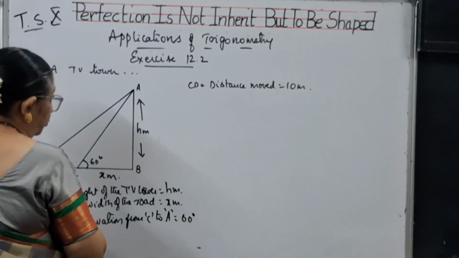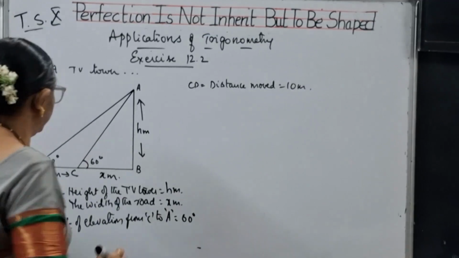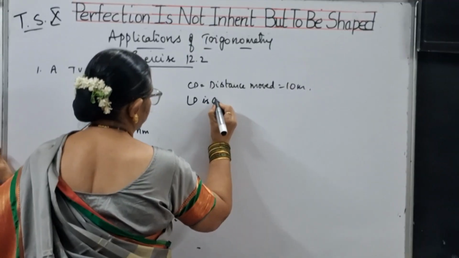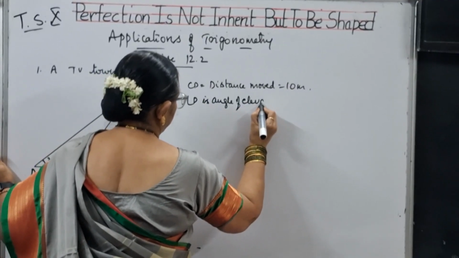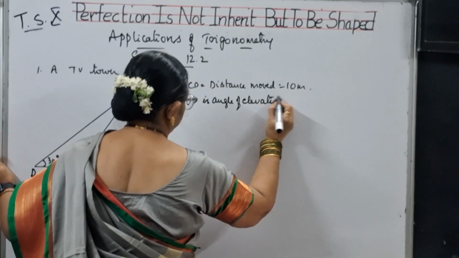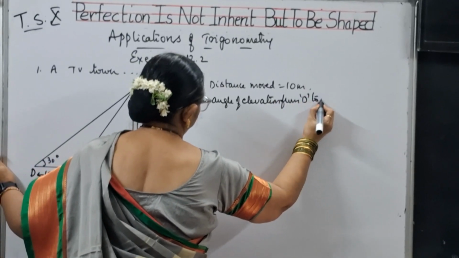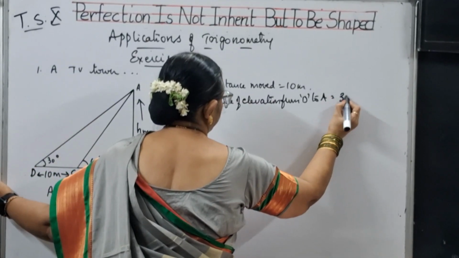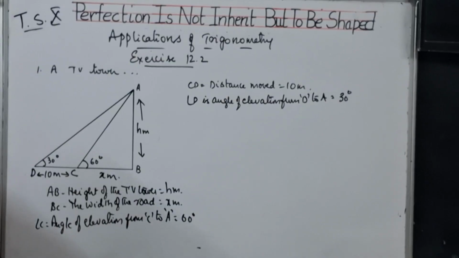They said on moving backward 10 meters. Now angle D, it is angle of elevation from D to A, that is how much? 30 degrees. So now let us proceed with the problem.